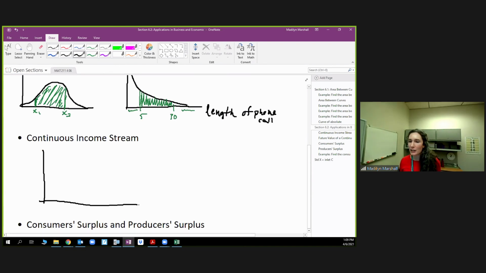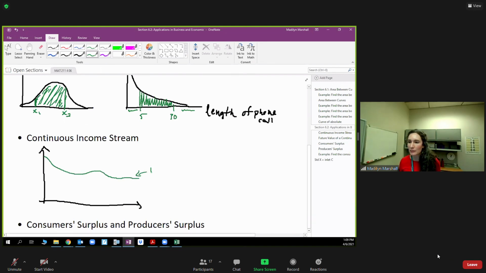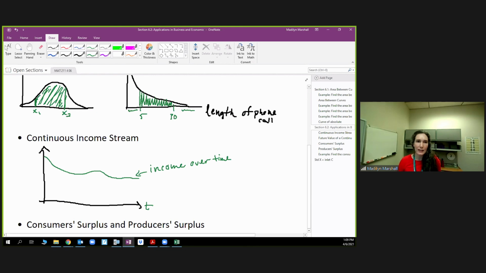But imagine you have a function that tells you that you're making some sort of income, and the x-axis is time. We can figure out the total income at a certain time based on that area under the curve.